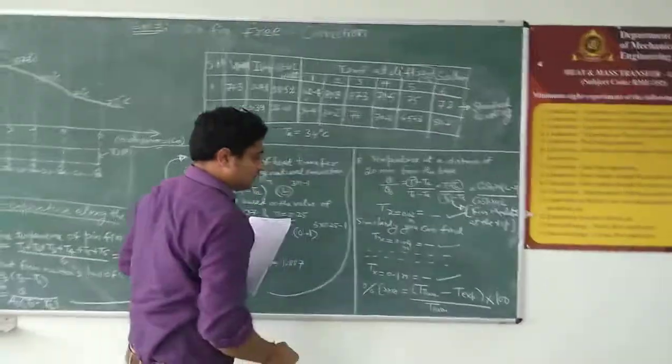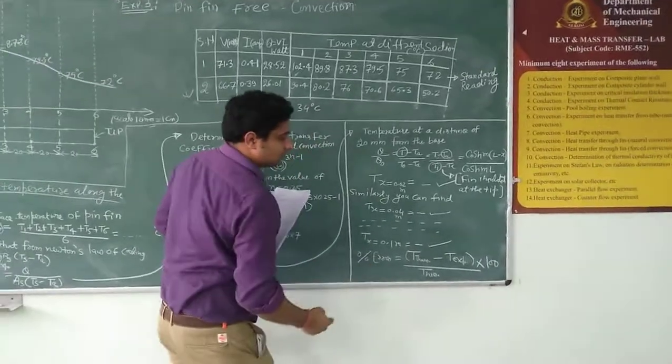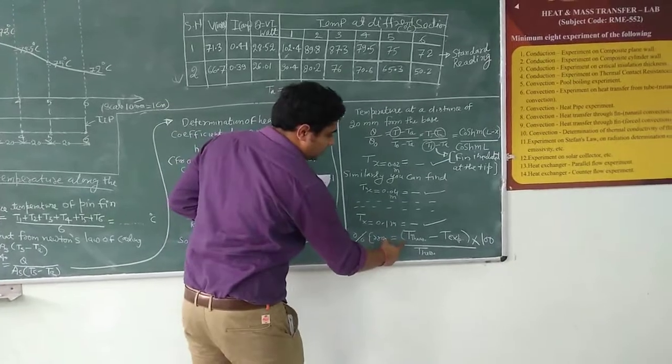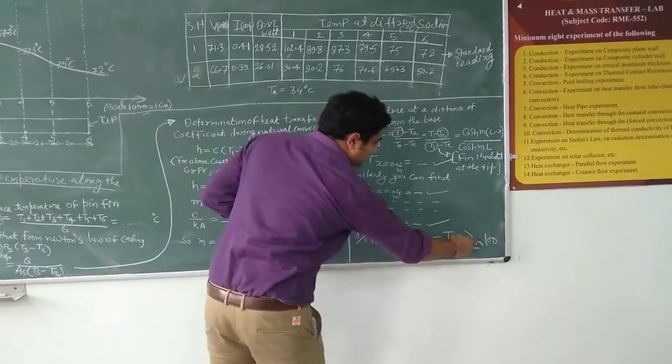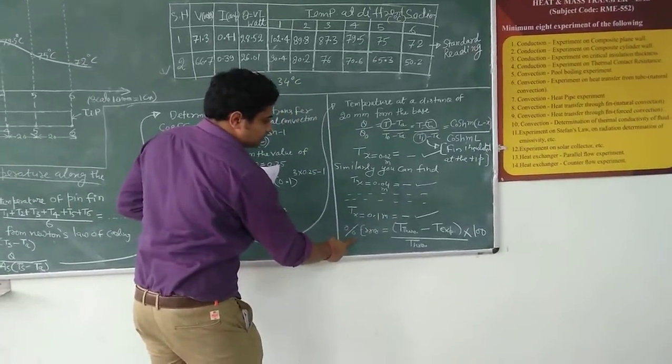Finally, you have to calculate the percentage error. There is some difference between the theoretical and experimental values of temperature. So you can use this formula: (T theoretical minus T experimental) upon T theoretical, multiplied by 100. So you can find the percentage error.